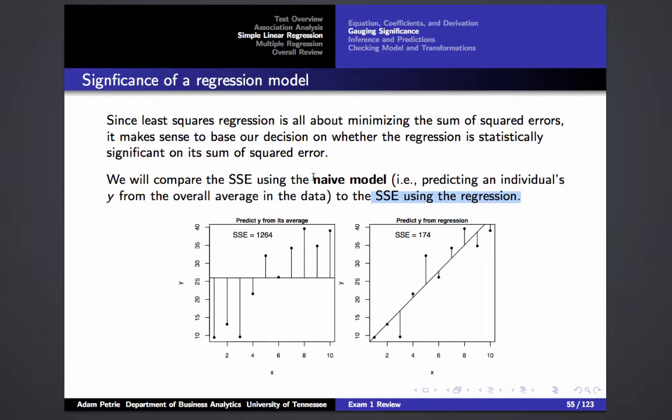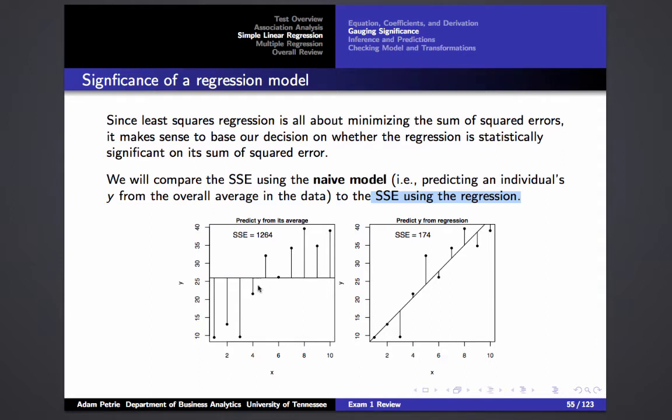So what is the naive model? Very important for you to know. Well, if this is my scatter plot between y and x, the naive model says, hey, x doesn't tell me anything about y at all. I'm just going to predict y from the overall average value of y in the data, regardless of what x is. So the naive model is a horizontal line placed at the average value of y.